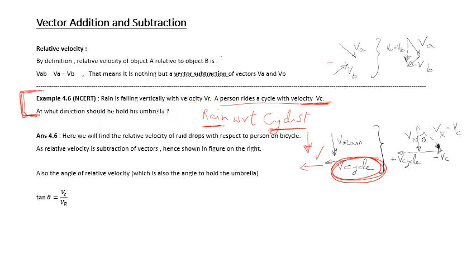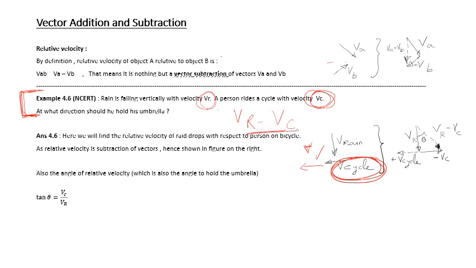We know the relative velocity is a difference between the two velocities. That means velocity of rain minus velocity of cyclist. So what we need is the relative velocity of rain with respect to cyclist, so it will be VR minus VC.